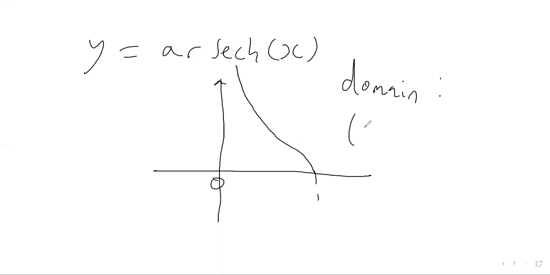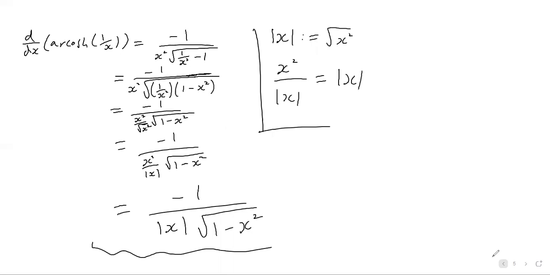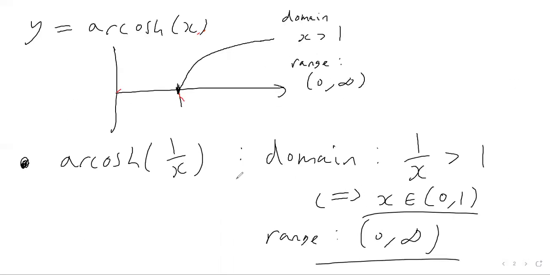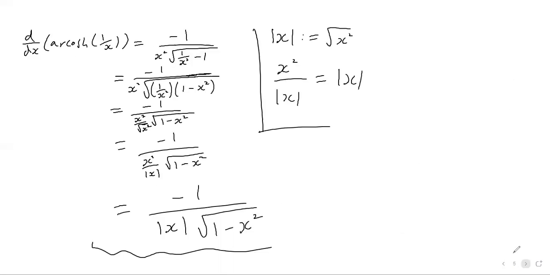So a domain of 0 to 1, and that domain is exactly the same as the domain of the arcosh of 1 over x function. So yeah, they've got the same domains.